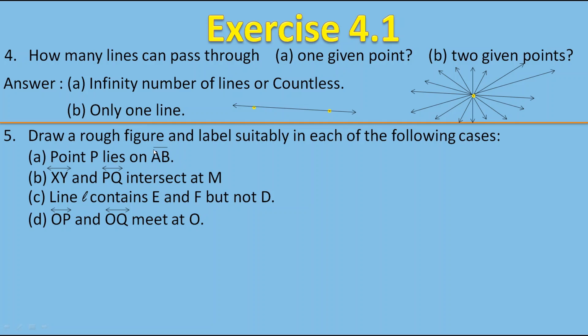So we have to draw a line segment named AB, and on that line segment we have to draw a point P. So the figure for the first one is this one. See here, AB is a line segment which has the point P.